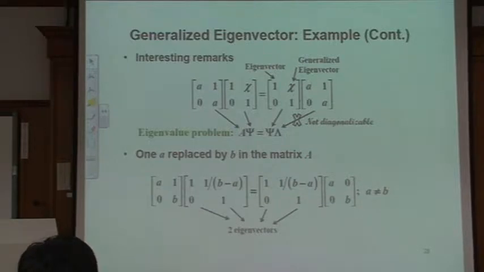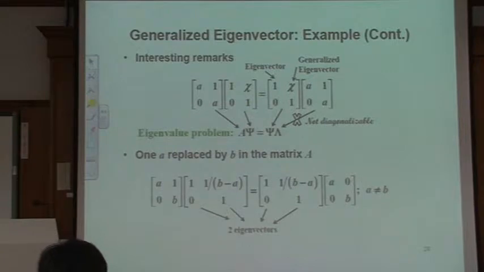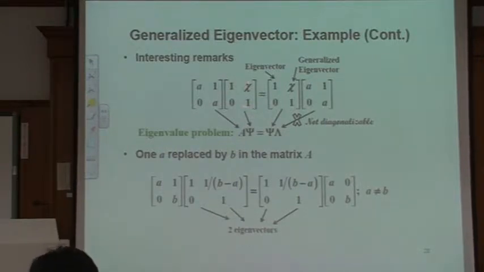Now, this slide just shows you some interesting remarks. If you use the generalized eigenvectors, they form a new matrix, and this is your M matrix. Then you use this M matrix times the generalized vector matrix, and you can get this result.